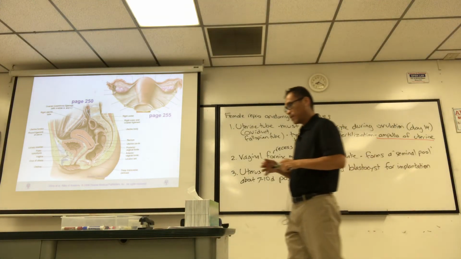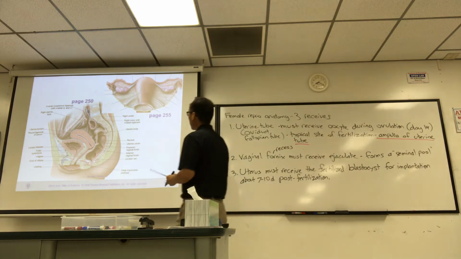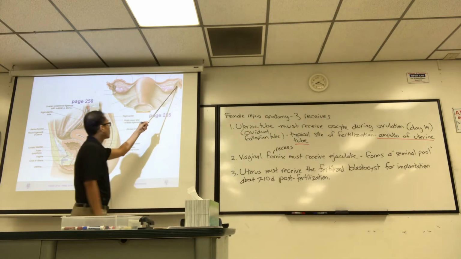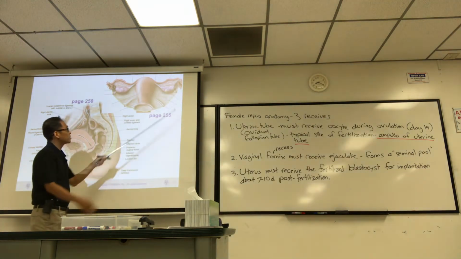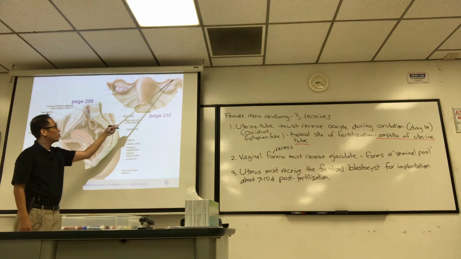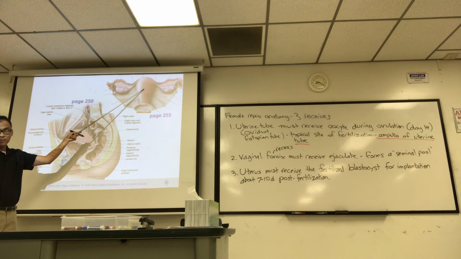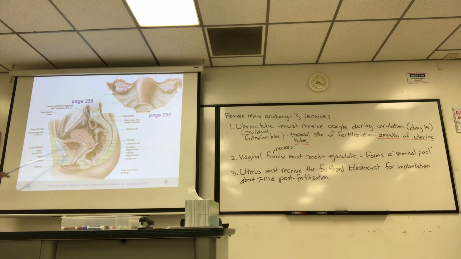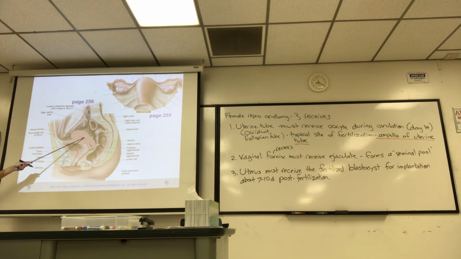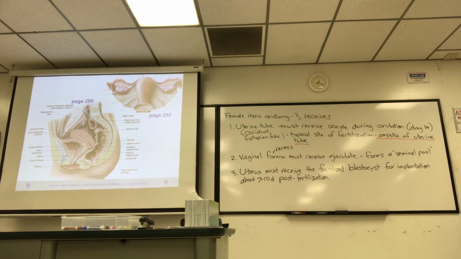So that's the third receives. That little ball of cells, it's got to be allowed entrance from uterine tube to uterus, which is this upside down pear-shaped structure. On the sagittal view, we can see there's a little cavity on the inside there. So it's a space that the fertilized egg, hopefully it sticks, and then it starts to implant. It'll literally eat its way into the endometrial wall, which is the inside lining of this uterus.